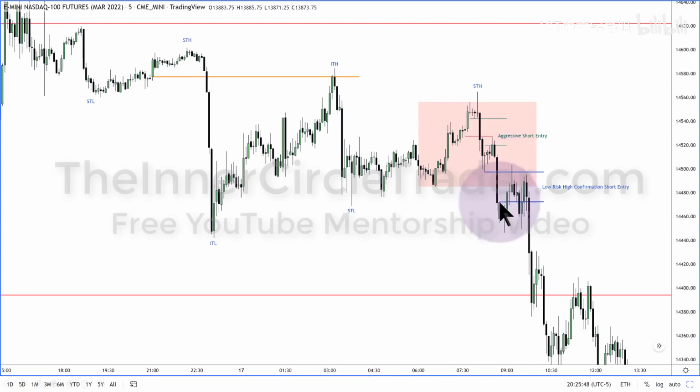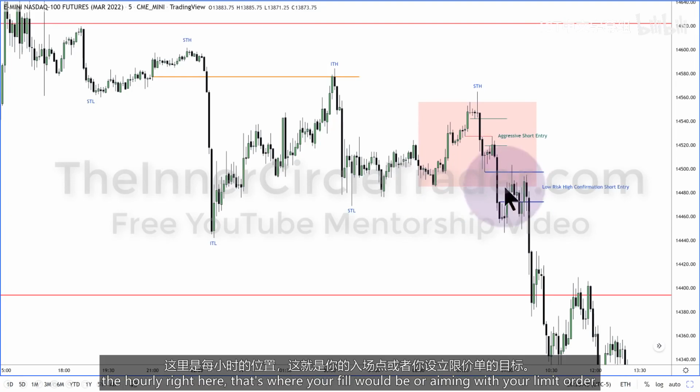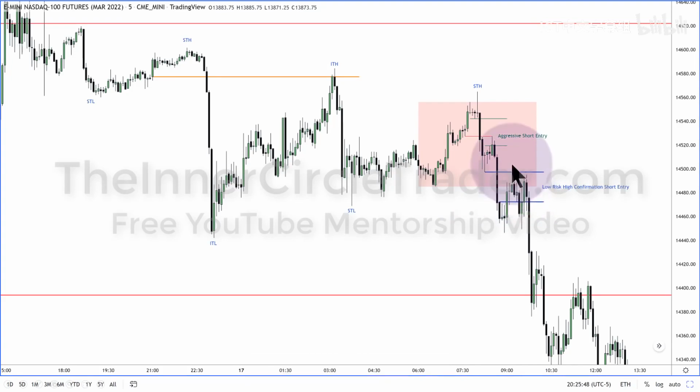The imbalance here, it goes over a little bit, that's okay, but inside this range in here, more specifically, the order block, the hourly right here, that's where your fill would be, or aiming with your limit order. And the heat on the trade would be on this candle's movement there. But your stop would be above here. But you're aiming for a very large downside objective.